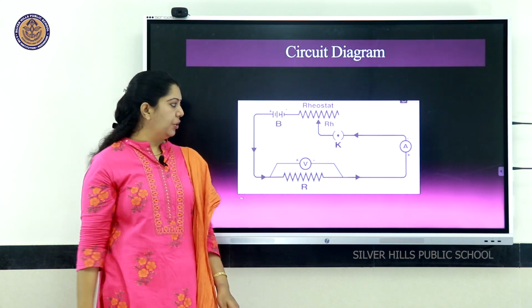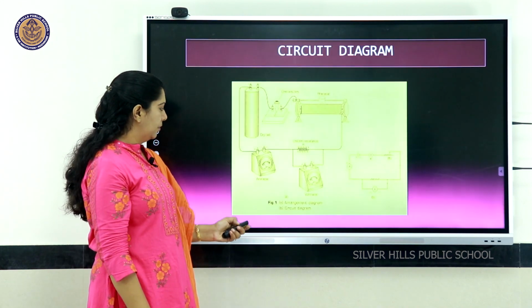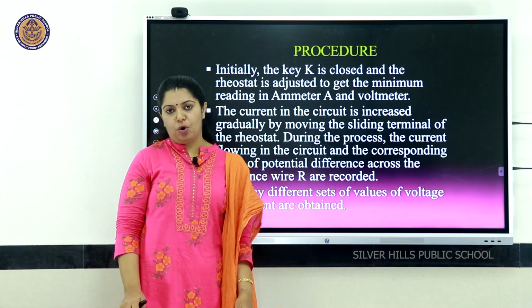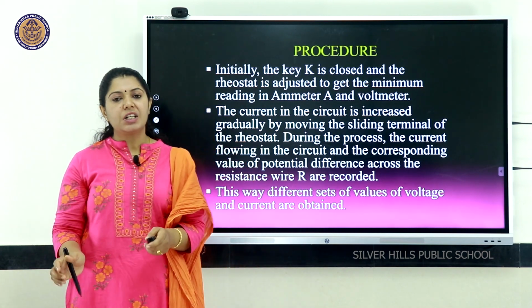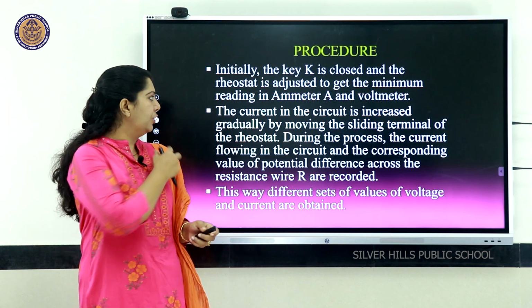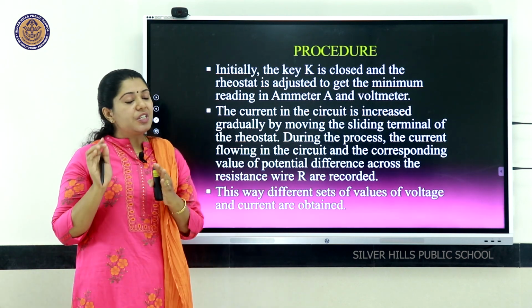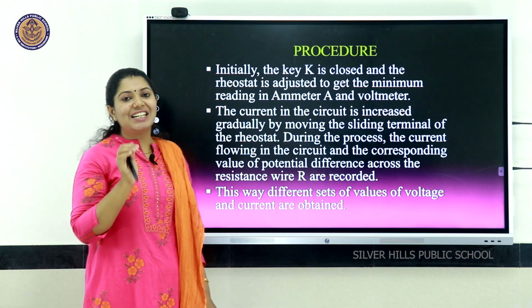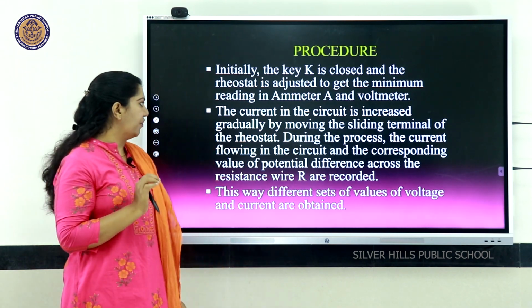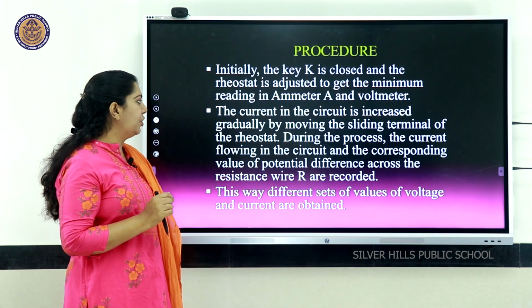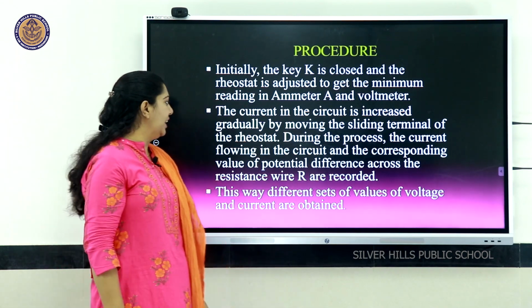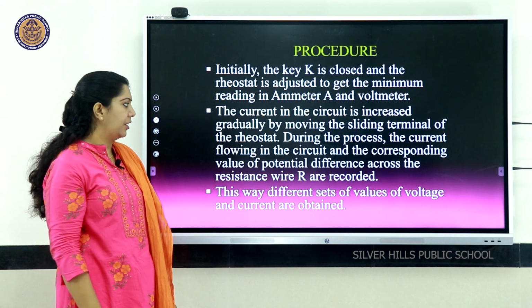For doing this circuit, initially the key is closed. When the key is closed, current will flow from one point to another and the rheostat is adjusted to get the minimum reading in ammeter A and voltmeter V. The current in the circuit is increased gradually by moving the sliding terminal of the rheostat.